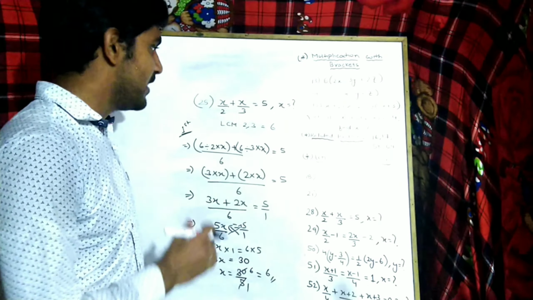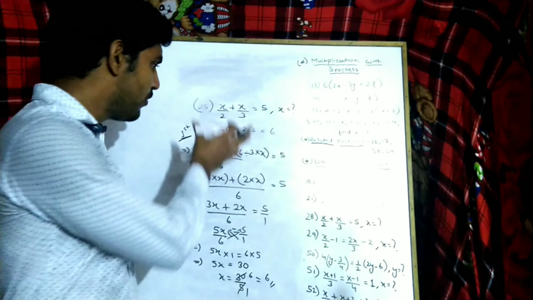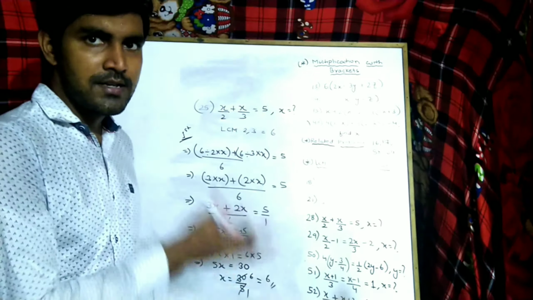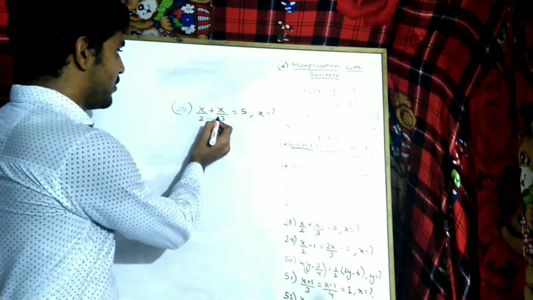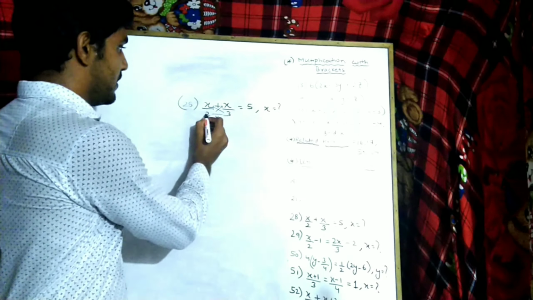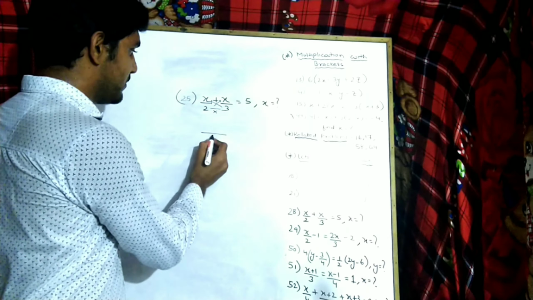In the second method it is the same only. You can go for any method. See, it is not needed every time to take the LCM. You just multiply these two and cross multiply. Multiply 2 into 3, 6.